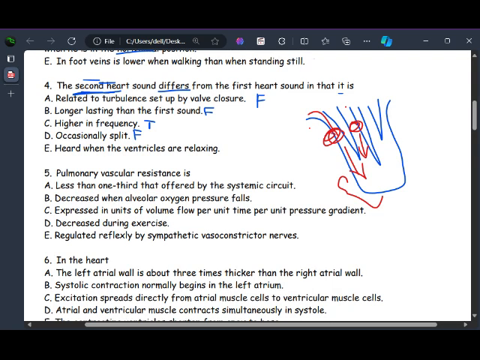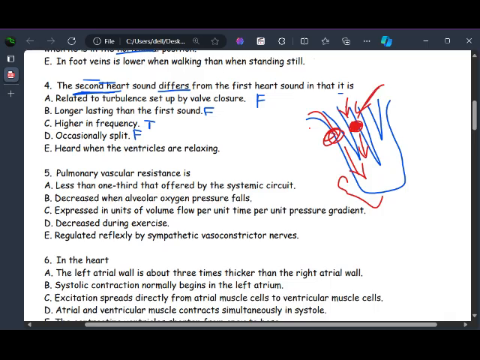So yeah, pulmonary artery. What prevents blood from actually flowing backwards here? If blood is being pulled from here, it's going to flow backwards. So the semilunar valves are going to close here to prevent the blood from flowing backwards. We say that the second heart sound is actually caused by closure of this valve.